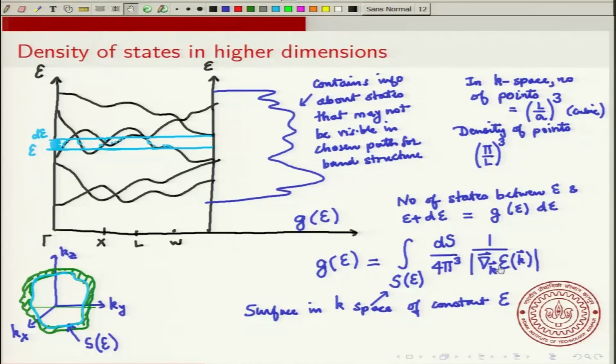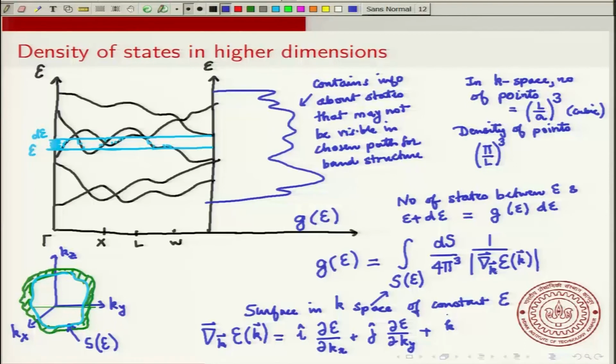That means this gradient in K is mathematically expressed as I times dou E by dou Kx plus J times dou E by dou Ky plus K times dou E by dou Kz.